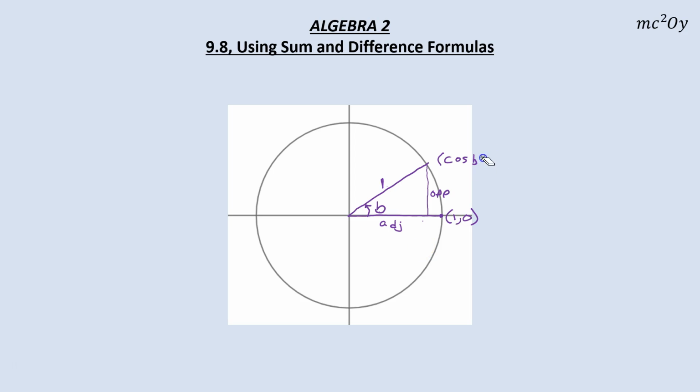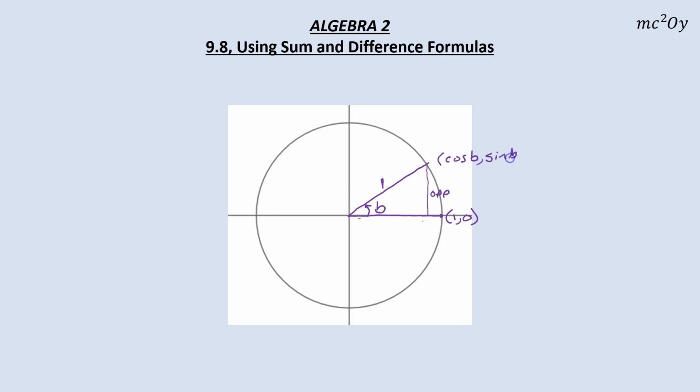And so really, this length right here is just cosine b. We should know that by now. This length right here is sine of b.